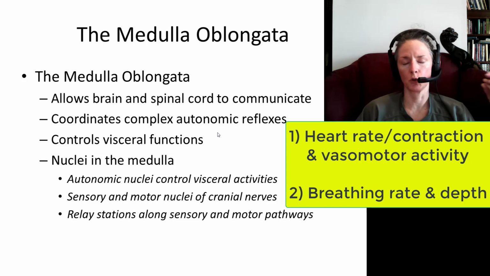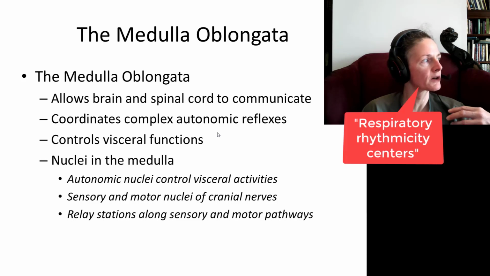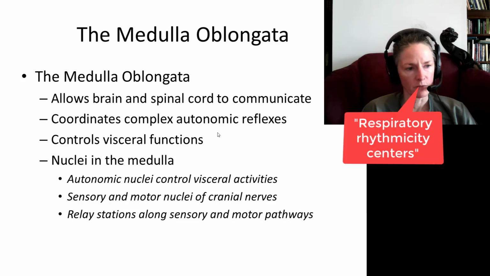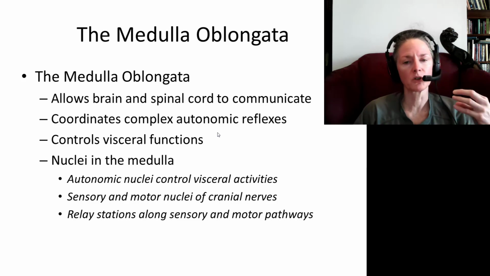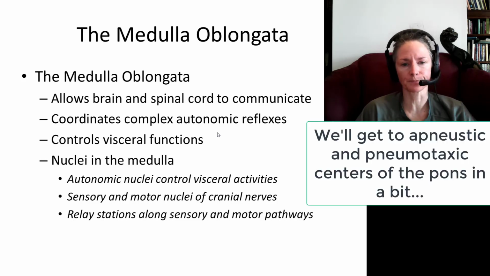We're also going to regulate the rhythmicity of breathing, so the rate of breathing. And we're going to have some interplay with the pons in this. Those respiratory rhythmicity centers in the medulla oblongata will be communicating with two other centers for respiratory control in the pons called the apneustic and pneumotaxic centers.